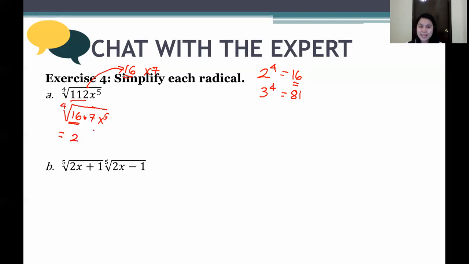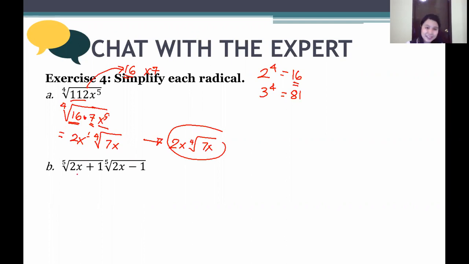So you place it outside. What's the fourth root of 7? There's no fourth root of 7, so it stays inside. Next, for the variable, let's divide. 5 divided by 4. The answer is 1. Remainder 1. So the final answer is 2x fourth root of 7x. That's it.